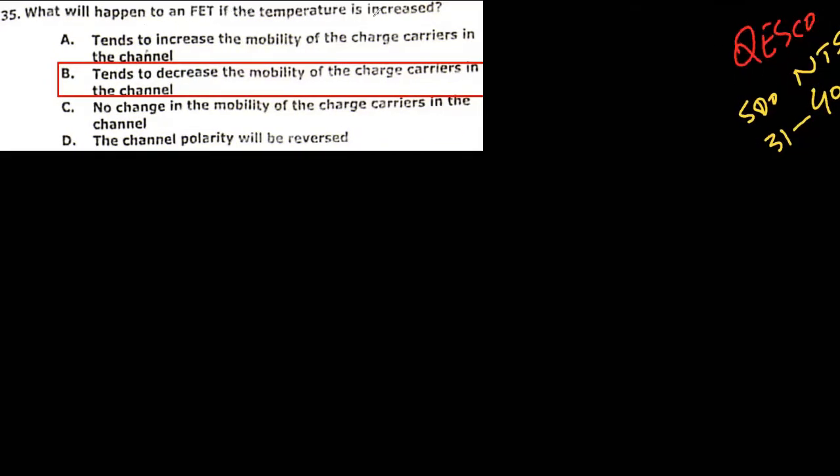Okay, next MCQ is: what will happen to an FET if the temperature is increased? So the diagram of the FET is like this.